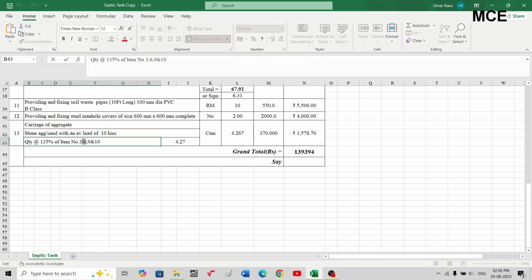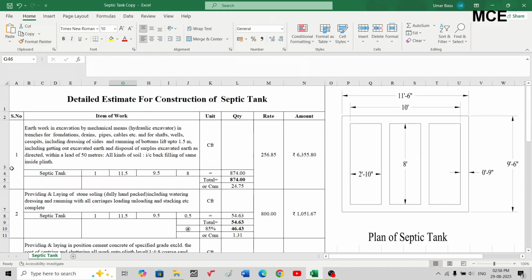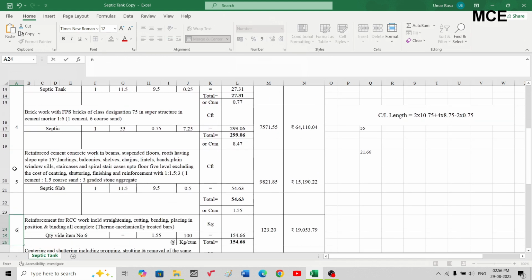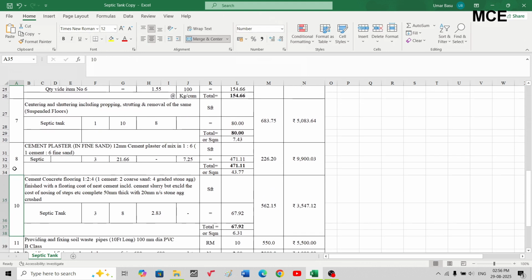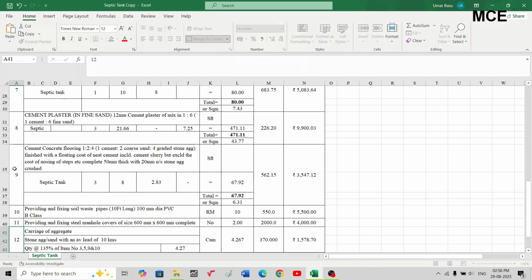Wait 1 second, I have to change the numbering of all the items since I deleted one item, to make the correct numbering. So first is 1, then 2, 3, 4, 5, 6, 7, 8, 9, 10, 11, 12.